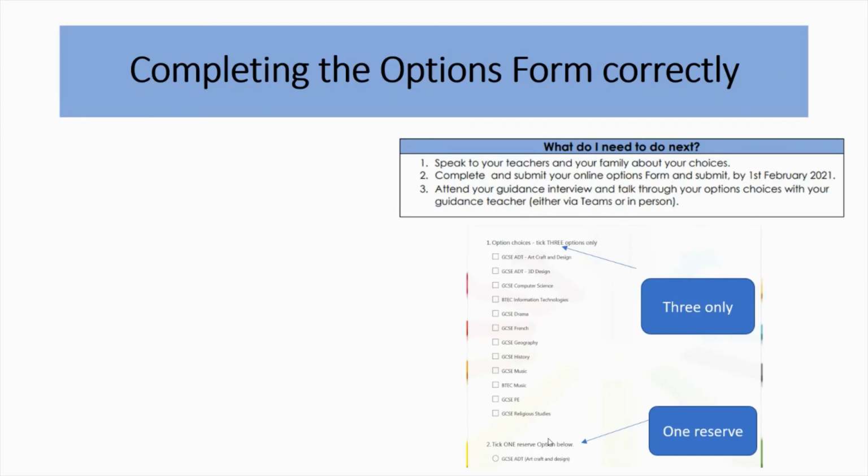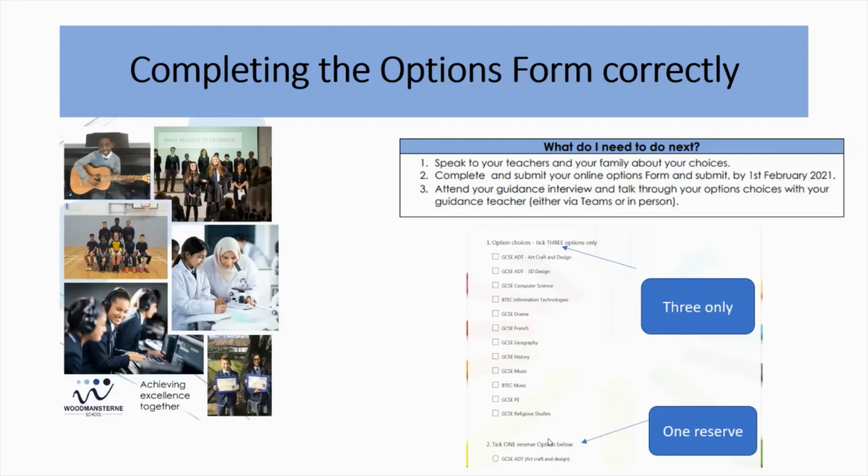You need to pick 3 subjects only on the form that I will release to you, and I need you to pick 1 reserve subject in case the block is very full or we can't make your choices work with the staffing that we've got. We had to use that on only 2 occasions, I think, last year, and the children were quite happy to change to those reserve subjects. It's a last resort, but we do need a reserve, a backup subject for you.